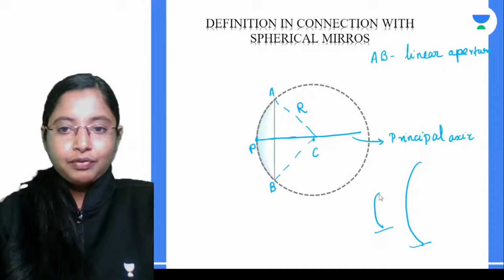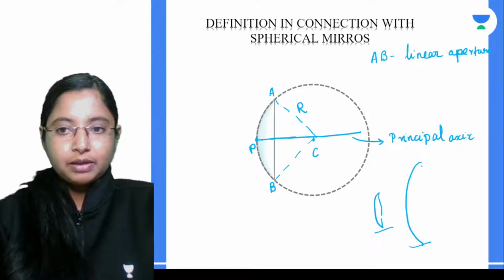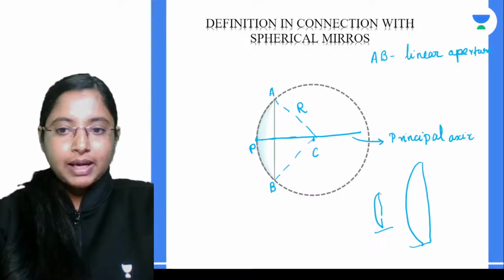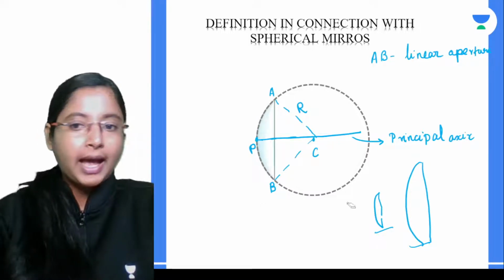Now if I join from this end to this end, from the curved surface to here, this is the linear aperture. Then this bulged surface is the angular aperture.